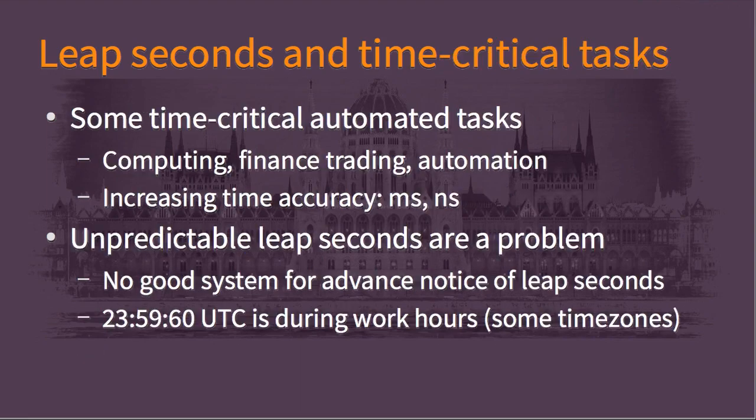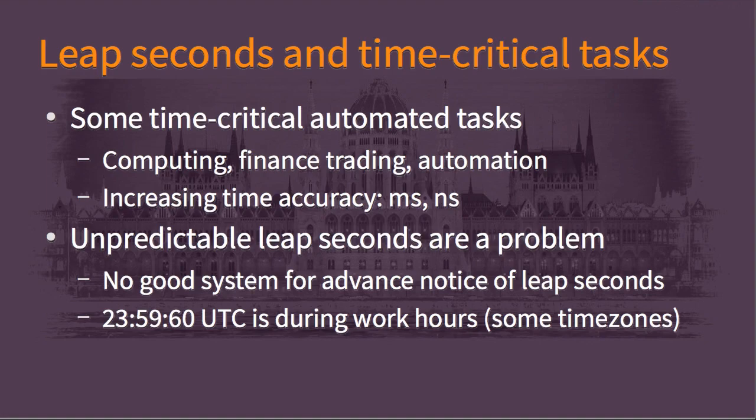However, in our modern world, there are some time-critical automated tasks, some to do with computing, some to do with trading and finance, some to do with automation that runs continuously, and these tasks involve increasing time accuracy to the millisecond and nanosecond, and for them, unpredictable leap seconds being injected into the time stream are a problem.